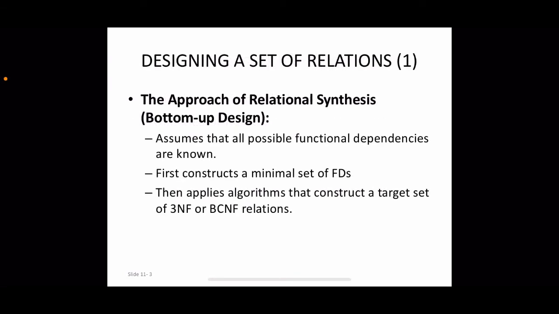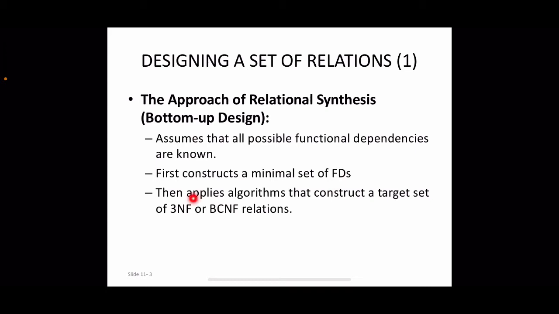Coming to the basics of relational decomposition. In this bottom-up design, we assume that all possible functional dependencies are known in advance. Before the designing procedure starts, we know all the possible functional dependencies. From those functional dependencies, we will first construct a minimal set of functional dependencies, so a minimal cover will be built first.